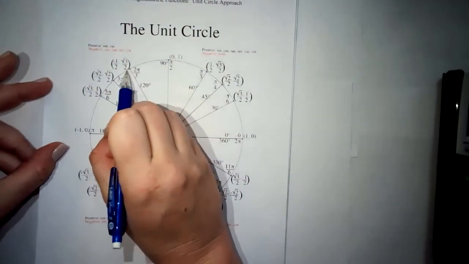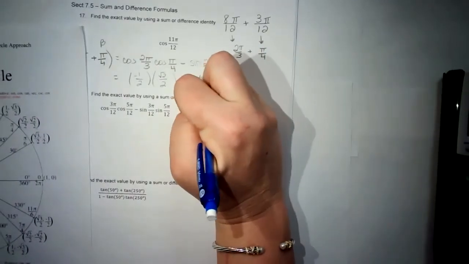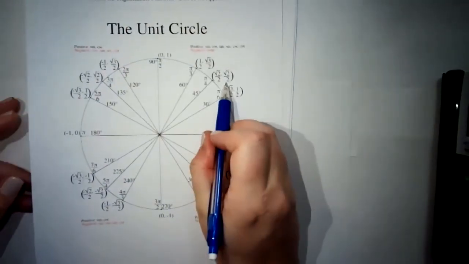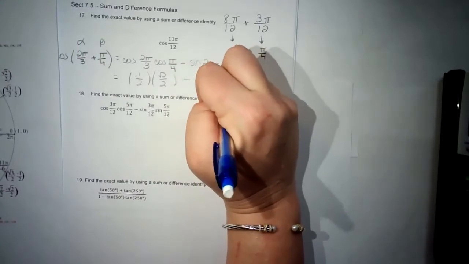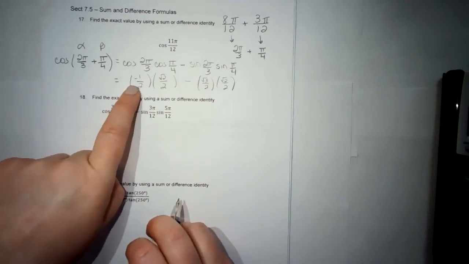Here's 2 pi over 3. Sine is root of 3 over 2. And sine of pi over 4. That's root of 2 over 2. Okay. Everybody see where we got all those from? Is that better? Yes, he's negative. Good. 1/2's negative.